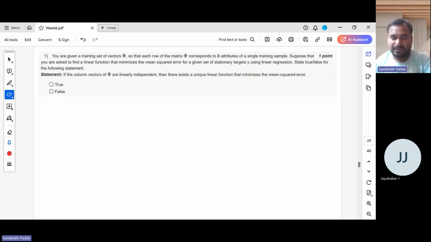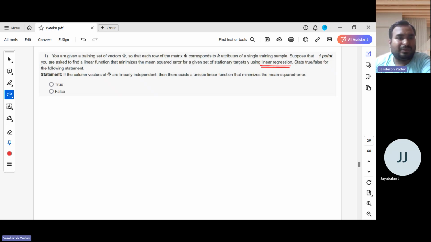So assignment 8, first question. You are given a training set of vectors phi, such that each row of matrix phi corresponds to k attributes of a single training sample. Suppose that you are asked to find a linear function that minimizes the mean squared error for a given set of stationary targets by using linear regression.